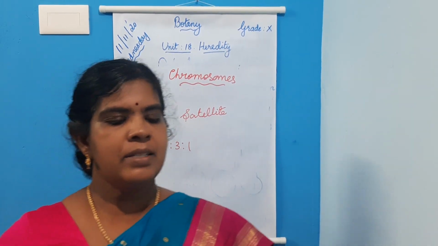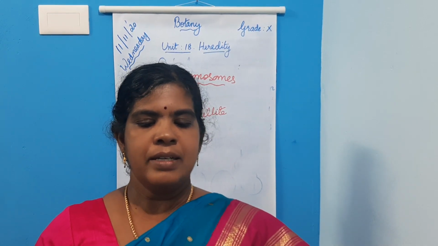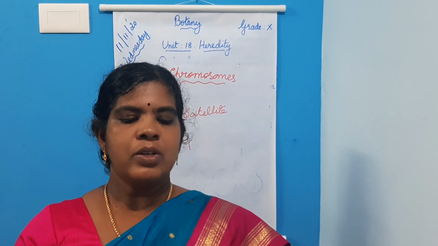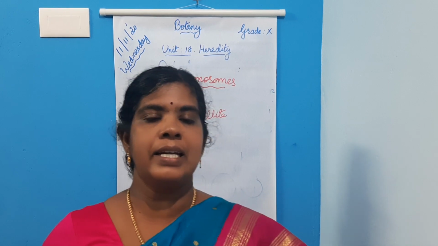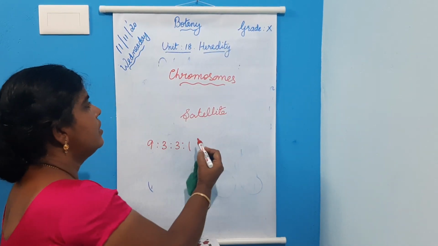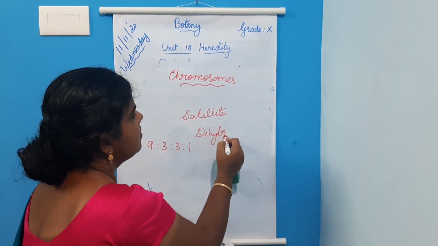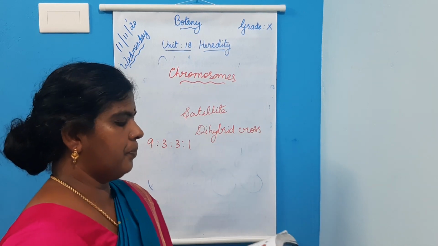Then turn to the next page. Answer in a sentence. First question, what is a cross in which inheritance of two pairs of contrasting characters are studied? Dihybrid cross, right? Dihybrid cross.